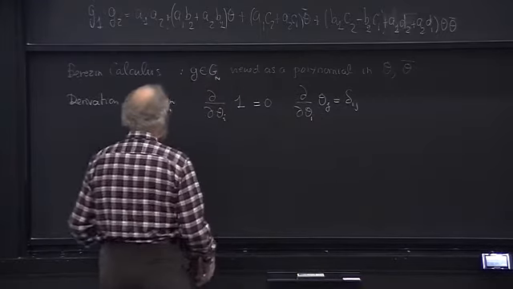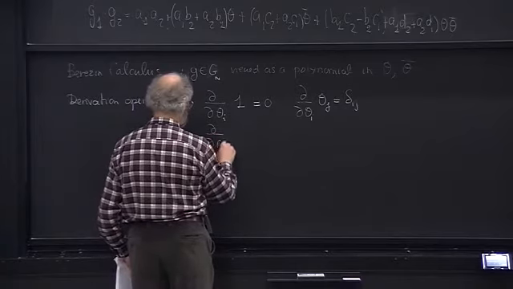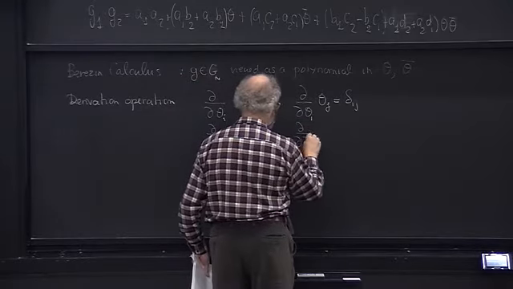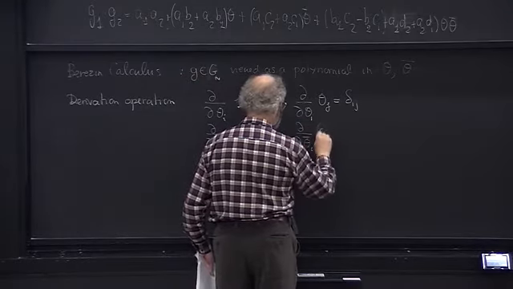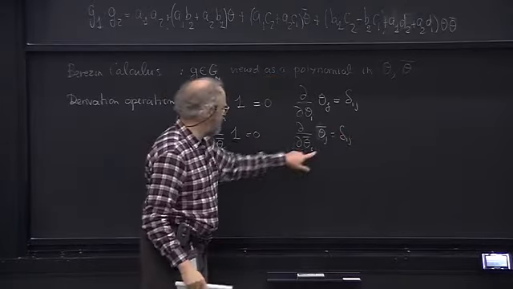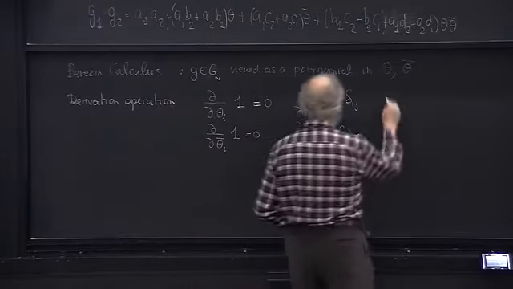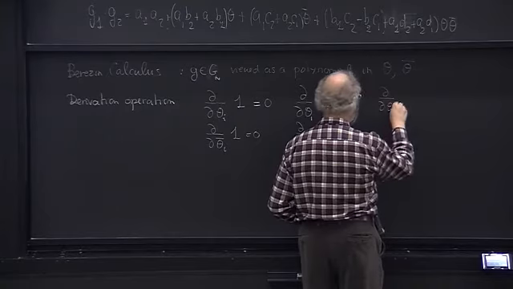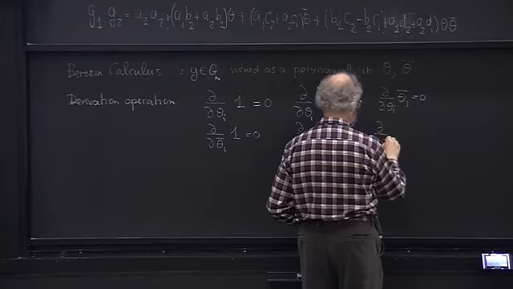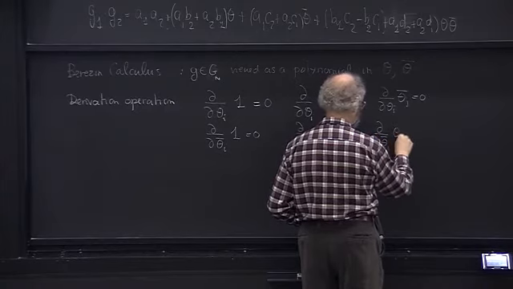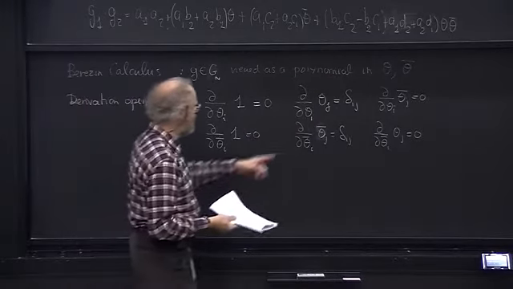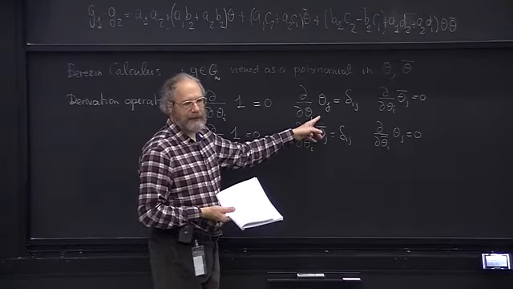And the same for the theta bars: d over d theta bar i of 1 is 0, and d over d theta bar i of theta bar g is delta ig. So this is 1 if g is equal to i and 0 otherwise. And I define that the derivation with respect to theta i of theta bar g is always 0, and d over d theta bar i of theta g is always 0.